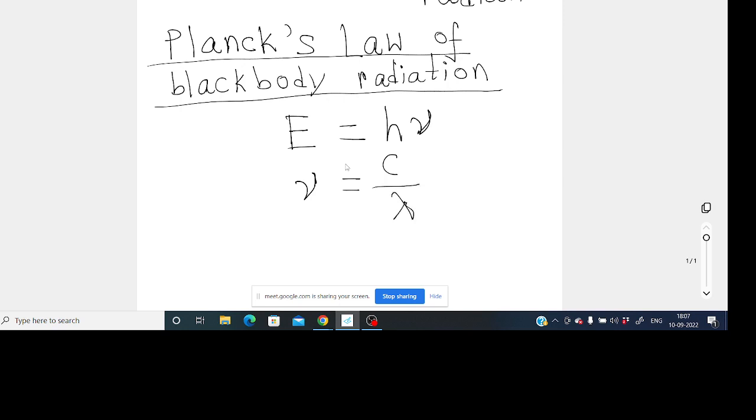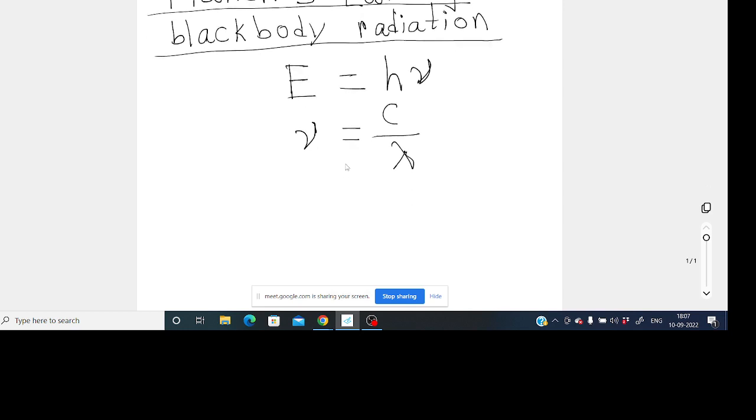Here c is the speed of light and lambda is the wavelength. I think all of you know about special relativity. So you know this equation, right? Okay, fine.